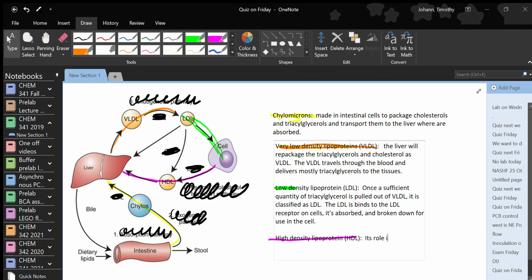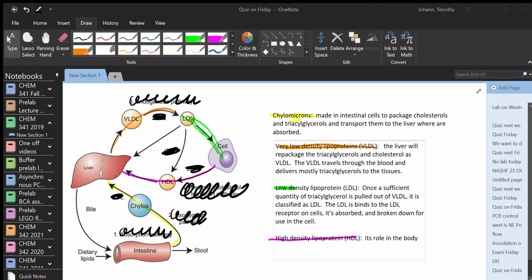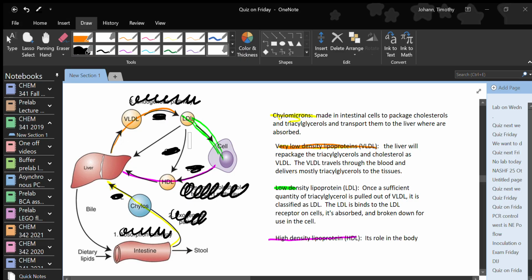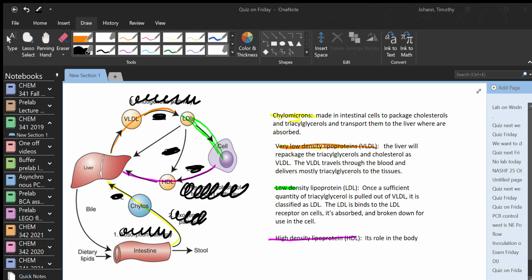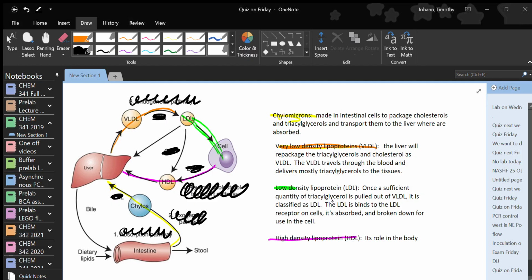If it's not made from LDL, why is the arrow from? It's not. It goes through the cell. Oh, the two in the middle there. Is that what you're saying? I said I was going to get rid of those for our purposes. Okay, I heard you say it. I just didn't see it. Oh, it's a highlighter. It needs to not be a highlighter. It's made in the liver, yes.